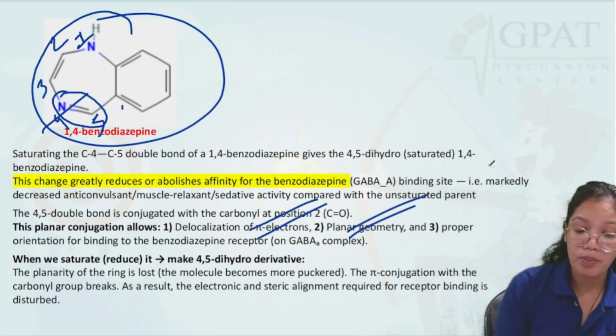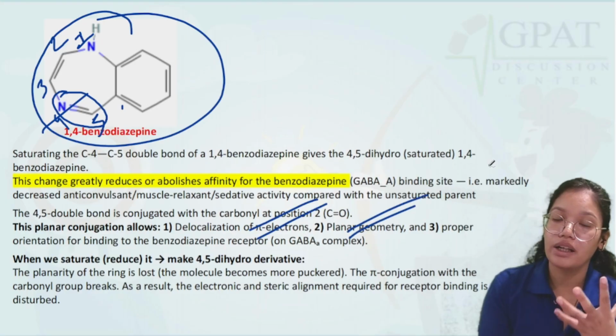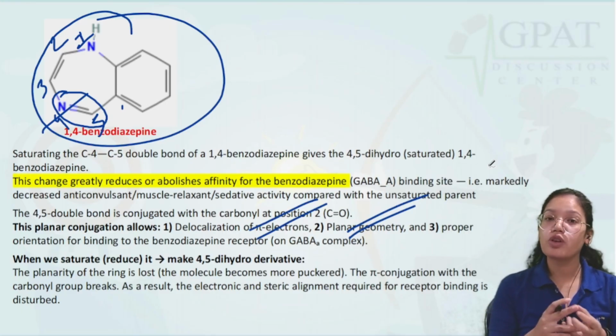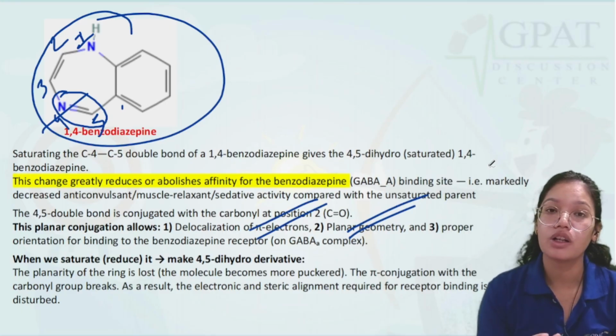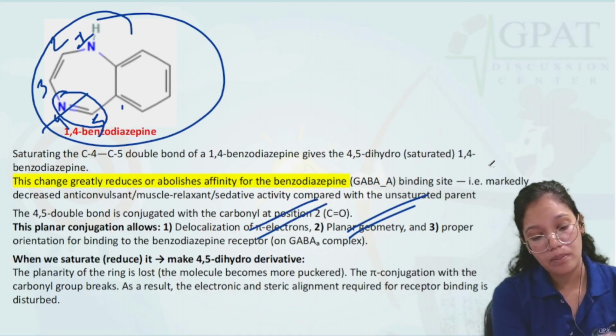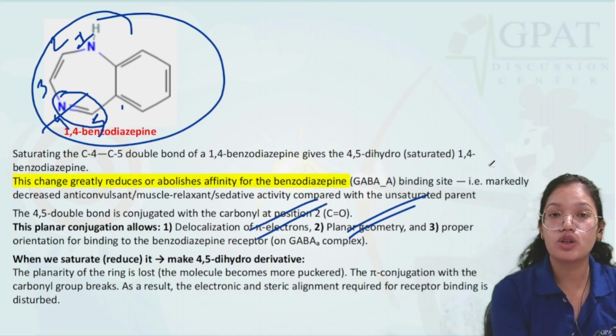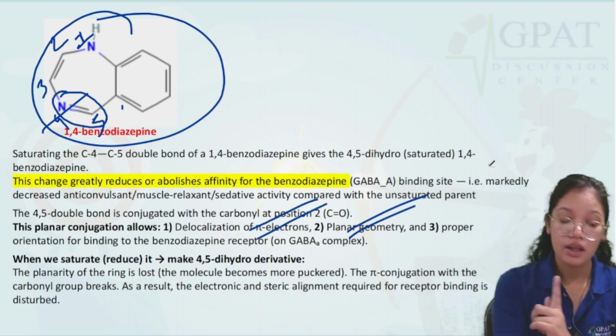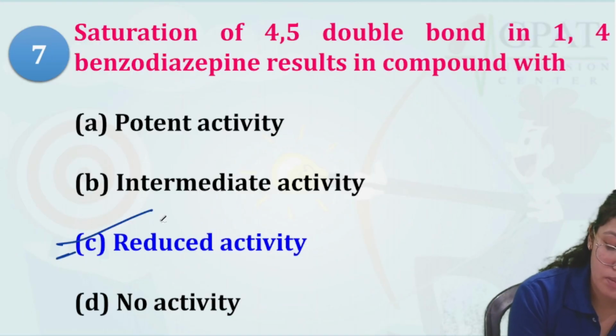Then there is the proper orientation during binding: we need a particular type of conformer so that it can fit to the receptor properly, and that also happens because of this double bond. So saturation of this double bond will result in the reduced activity of the benzodiazepine.